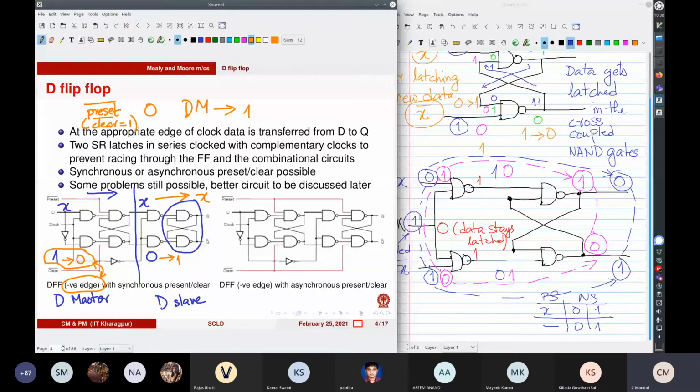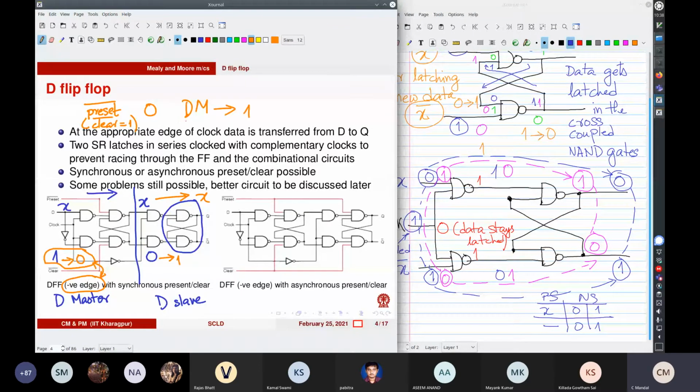So this preset bar, when you make it 0, it forces the output to 1. Similarly, when clear bar is forced to 0, the output becomes 0.